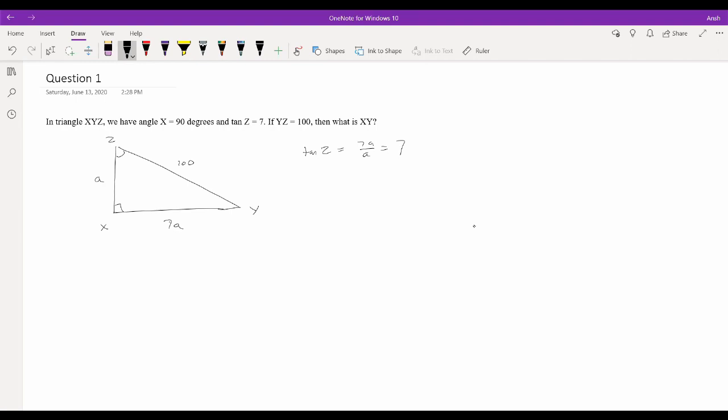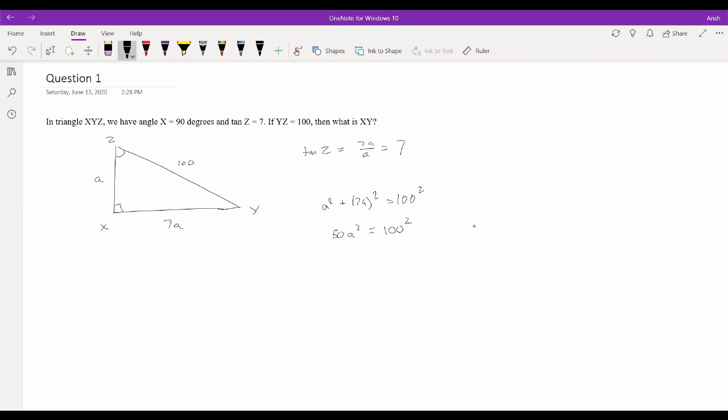So what we can do now is just use the Pythagorean Theorem. What we do is that we have A squared plus 7A squared is equal to 100 squared. So the left-hand side becomes 50A squared. And this is equal to 100 squared.